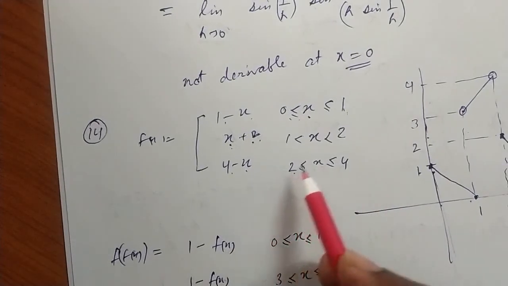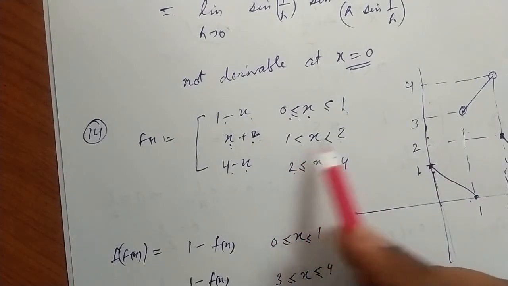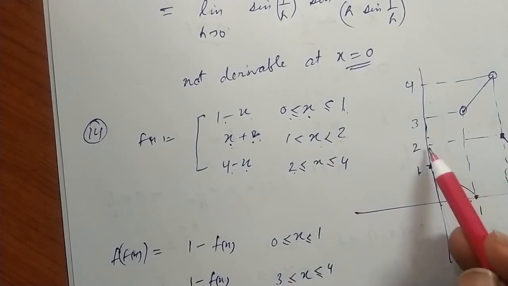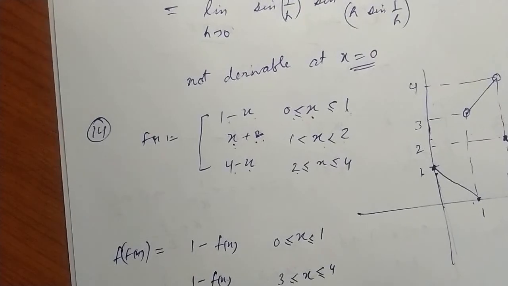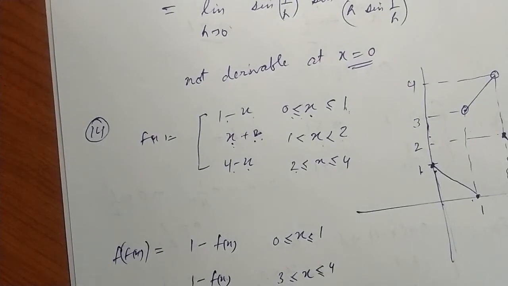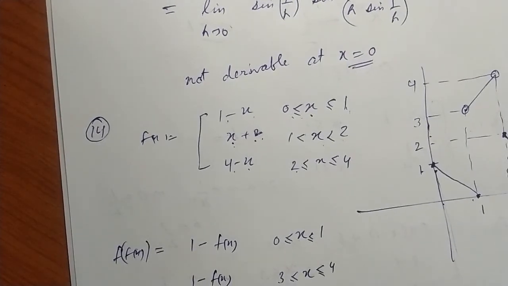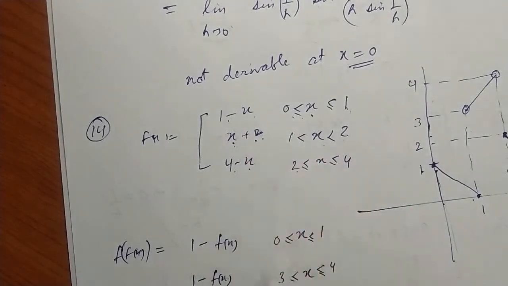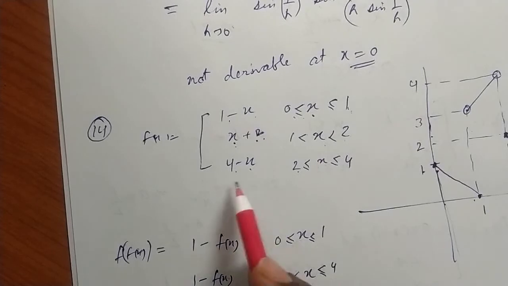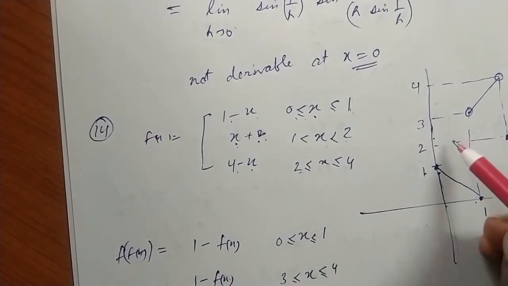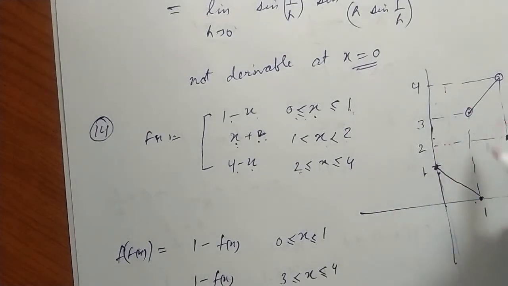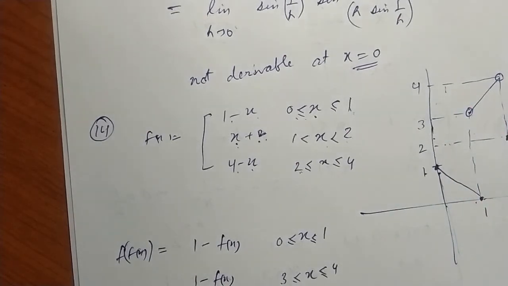And when f of x is between 1 and 2, x is between 2 and 3. So for x between 2 and 3, we have the definition f of x plus 2, and it would be 4 minus f of x when f of x is between 2 and 4, that is x is between 1 and 2.